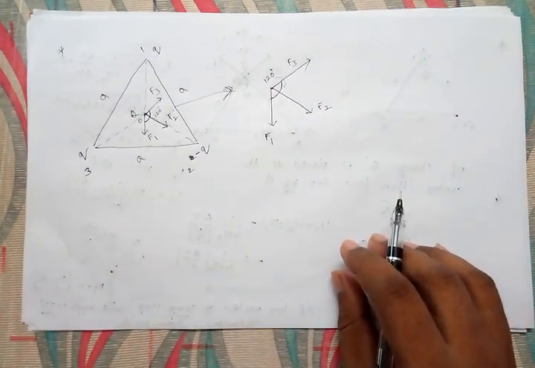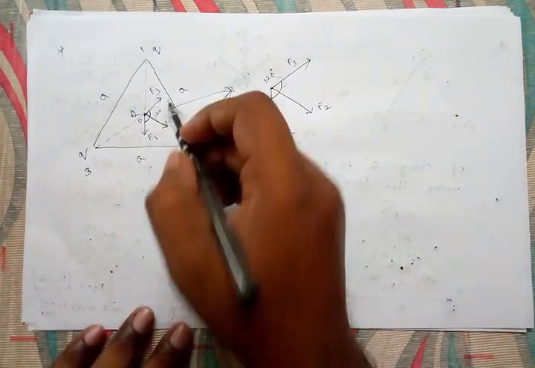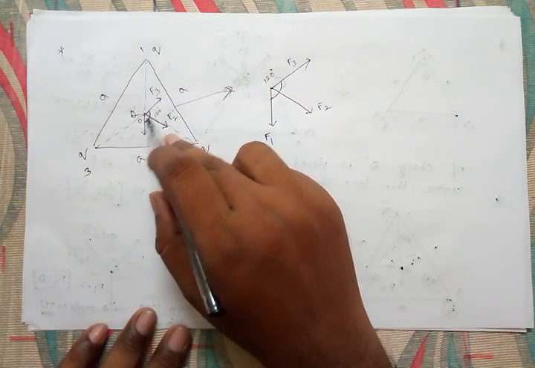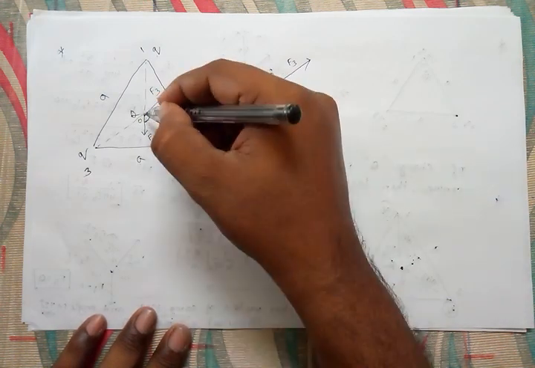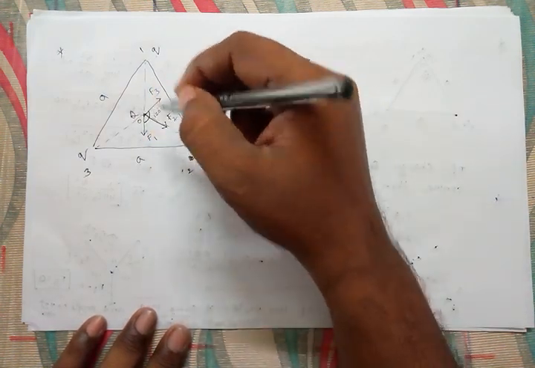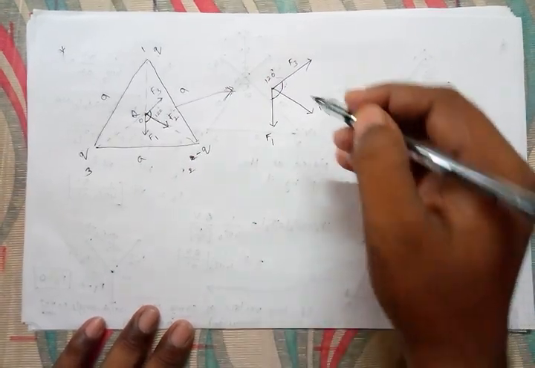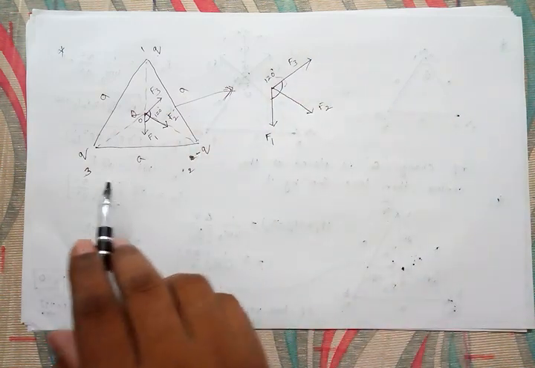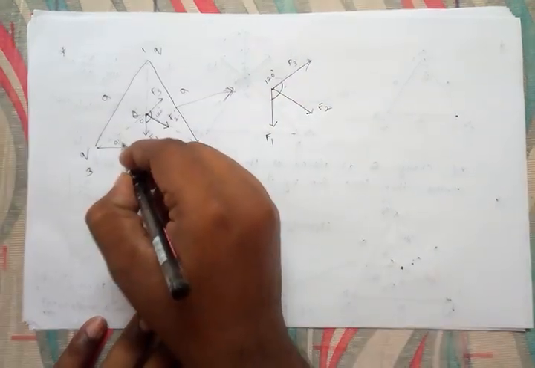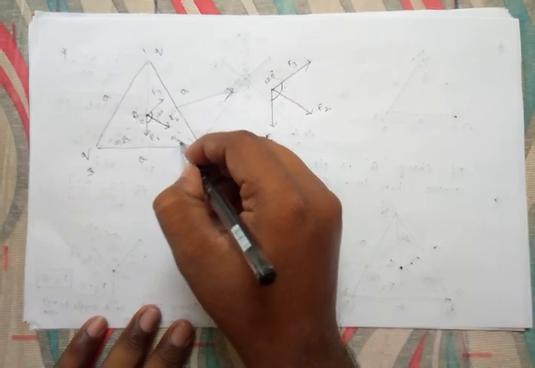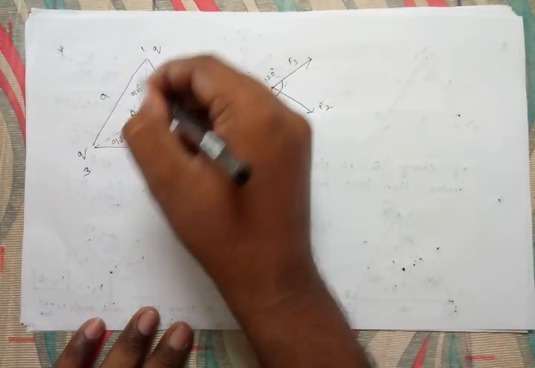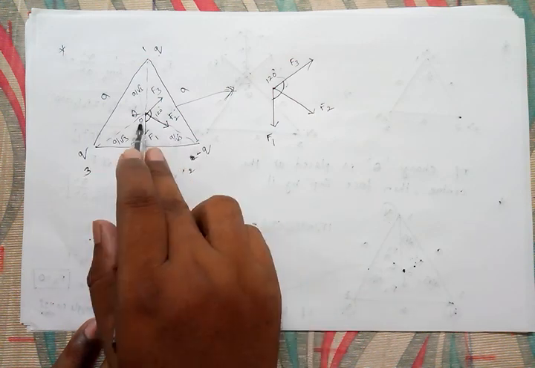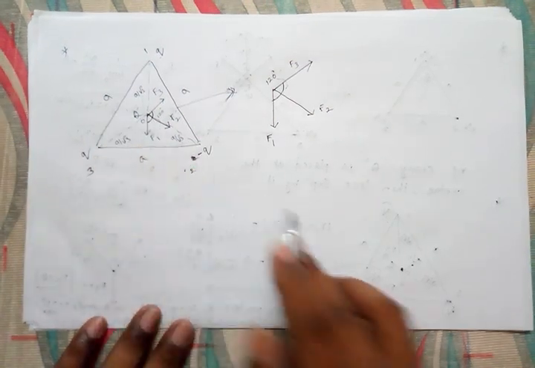Now we can say the directions have changed. Originally F1, F2 and F3 had the same directions, but only F2 is reversed, since it would be on the other side if it were a positive charge. And you can understand that the magnitudes will be the same. Why? Because the distances are not changed, a by root 3 between each charge and the centroid, and only the direction of force F2 alone changed.